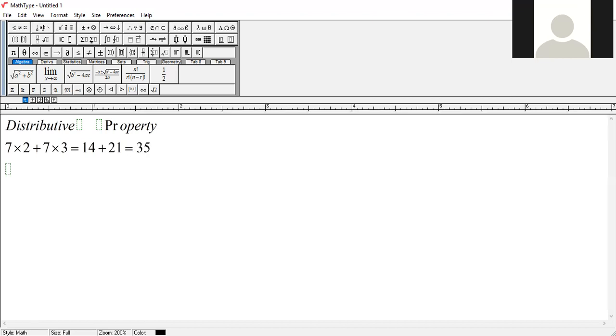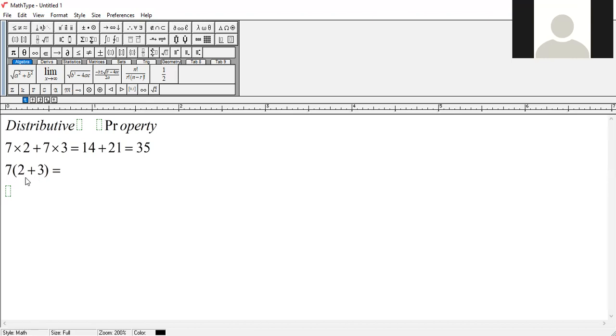Okay, now I want you to look at the second case. Think of having 7, and now this time you have a bracket. And inside the bracket, you have 2, which is being added to 3. Now, what happens in this case is that you can decide first to add what is inside the bracket.